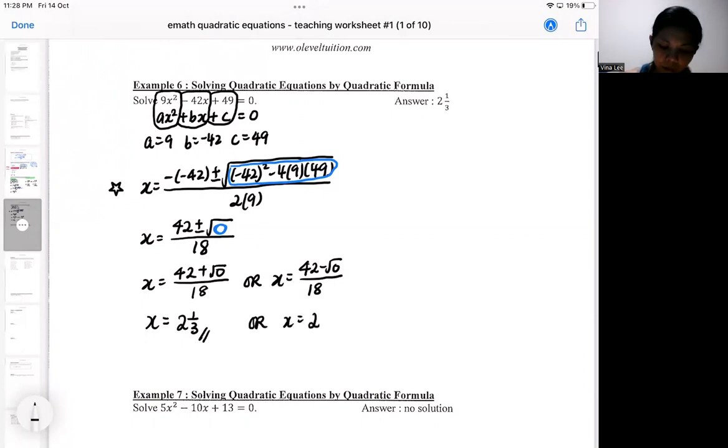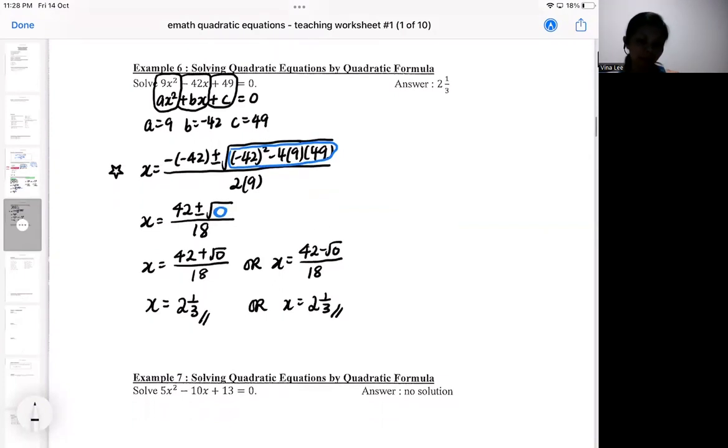So sometimes we call this a repeated answer. So again, in A math, the portion that is inside the square root being 0 will become something. Okay, so in A math, we're going to zoom into the portion that is inside the square root. So right now you can try getting the habit.